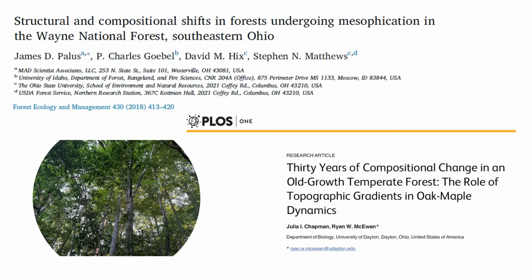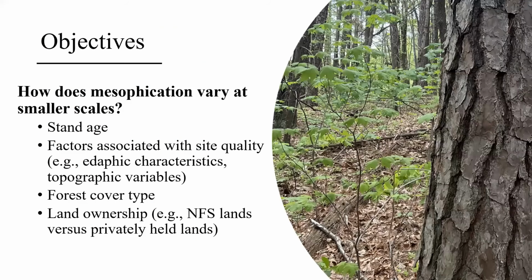So we see in more mesic areas decreased recruitment of some of these species and changes in community composition, so essentially it is greater in these mesic areas. So there is potential evidence for topography being important in some areas versus not. And so we have questions about where we see this change.